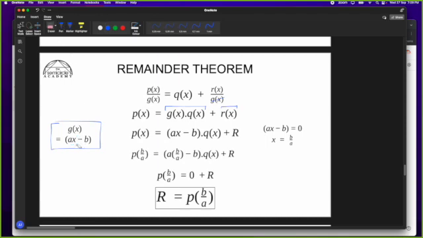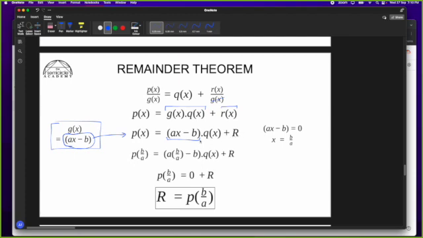That means that the highest power is the power of 1, right? So g of x is equal to this. So I could take this now and put it in here. You can see I have p of x is equal to the divisor g of x multiplied by the quotient, plus the remainder.